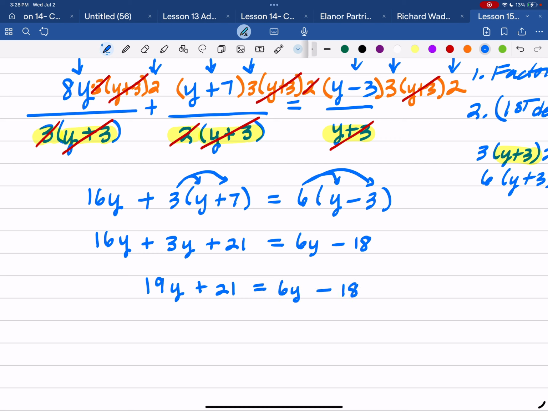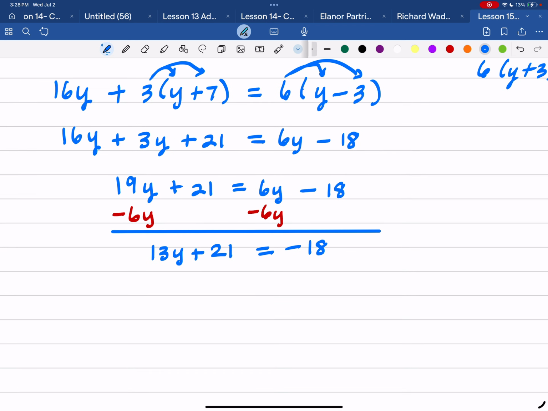Now notice that my variables are to the first degree, the first power. So I'm just going to solve by opposite operation. I'm going to subtract the 6y from both sides first. And I'm going to get 13y plus 21 is negative 18.